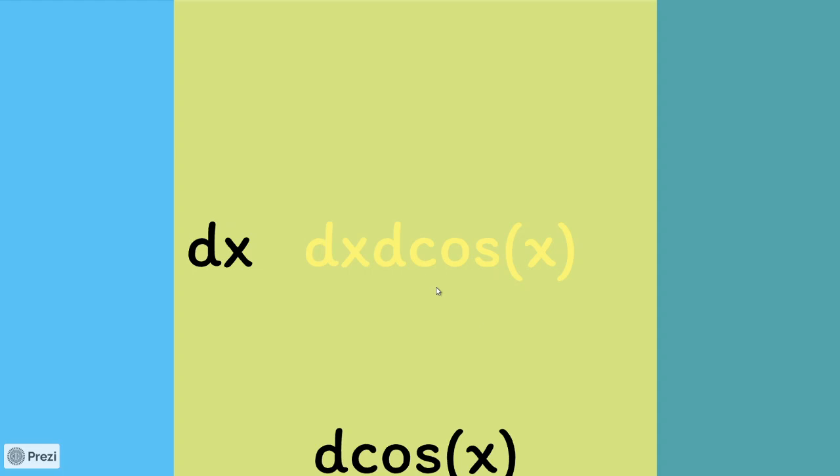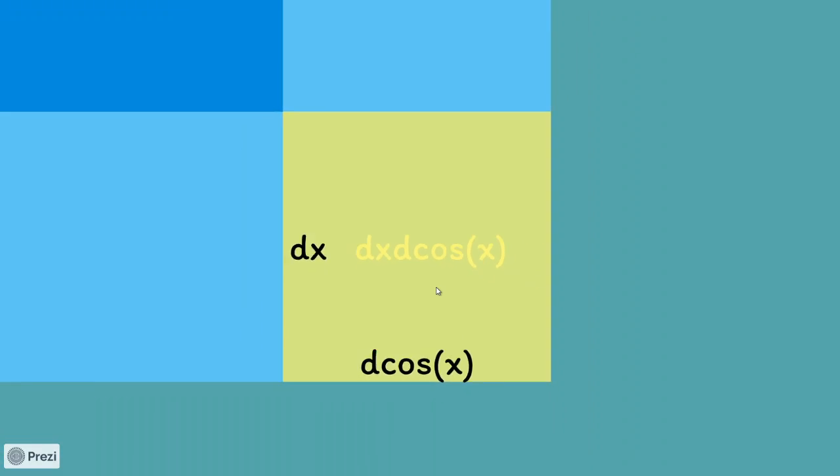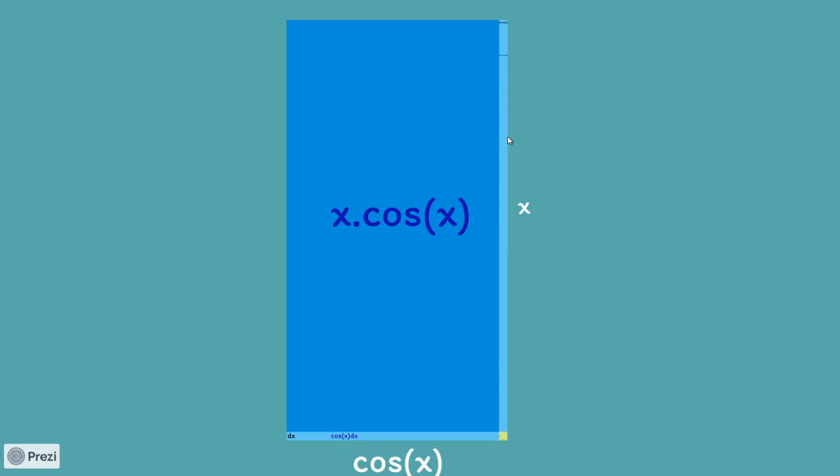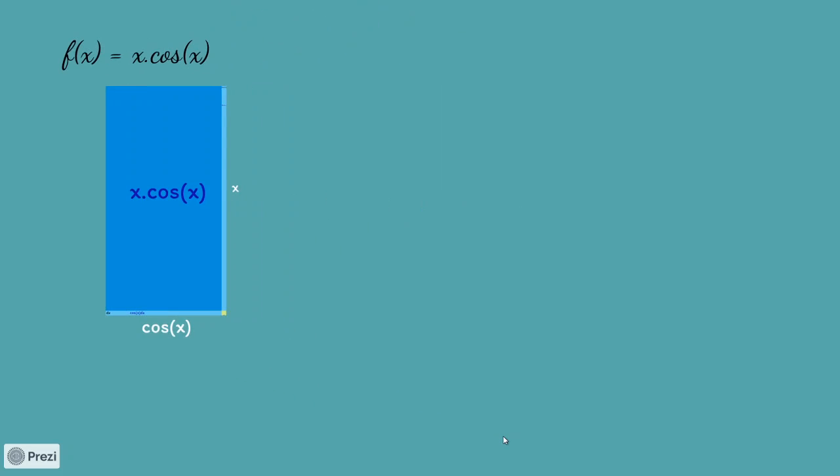So what do we have now? We have this big rectangle and this tiny rectangle. That is our new change in area. So let us write that.